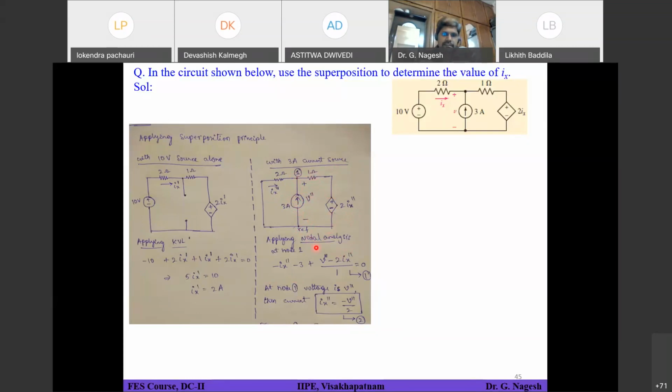Are you clear with the third term I have written here? Yes, sir. The third term I am talking about is V double dash minus 2 into Ix double dash divided by 1 ohm. This is a voltage and 2 into Ix double dash is also a voltage.